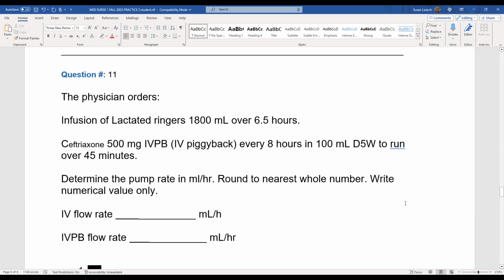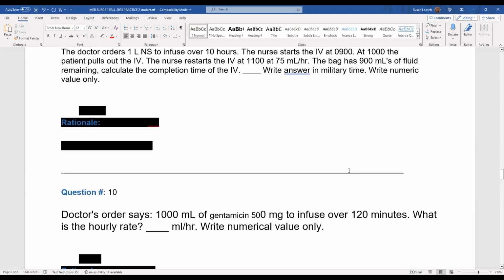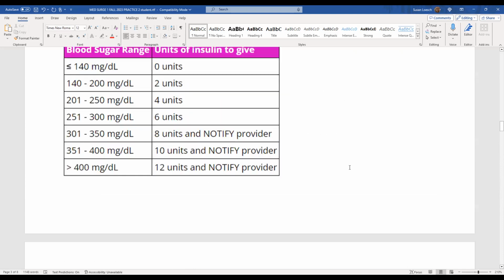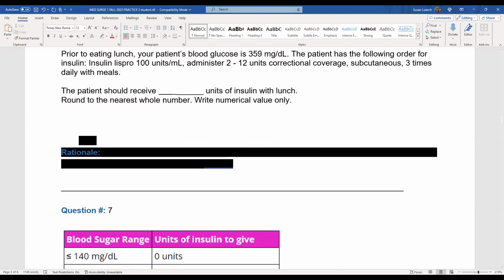Look at a couple other questions. I wanted to go over a weight-based one. And then we'll go over some of these ones here on this one.